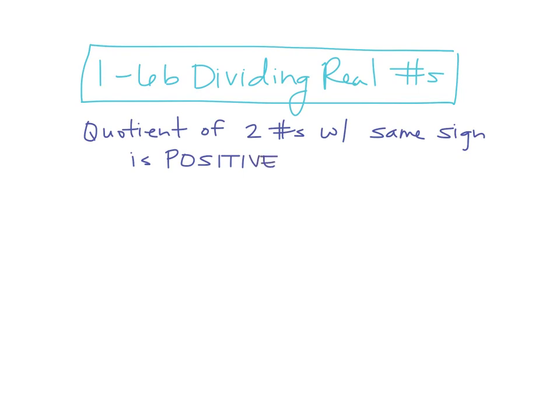Okay, so if I do like -6 divided by -3, I should get what? +2, right? Or if I do a +6 divided by a +3, I should still get a +2. So when you divide two numbers that have the same sign, your answer will be positive.